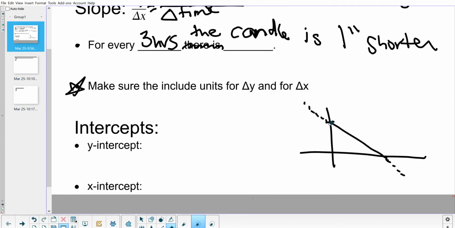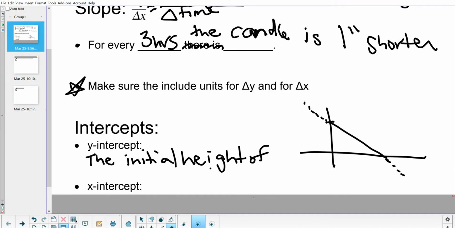The y-intercept in this case is the original height of the candle, the initial height of the candle when it hasn't been burned. So when time is 0, if you haven't burned the candle at all, it's 5 inches tall.